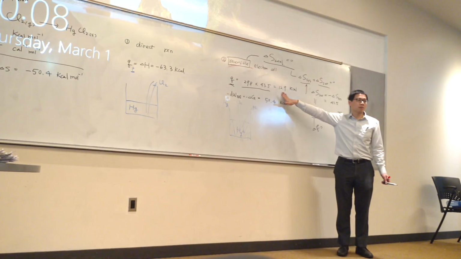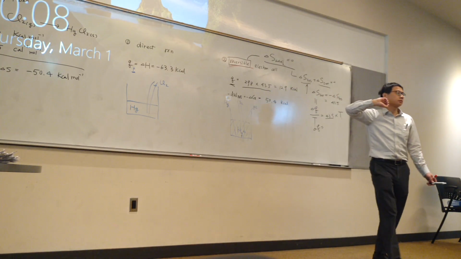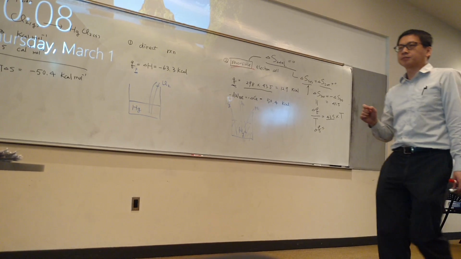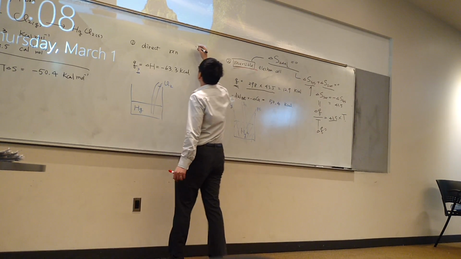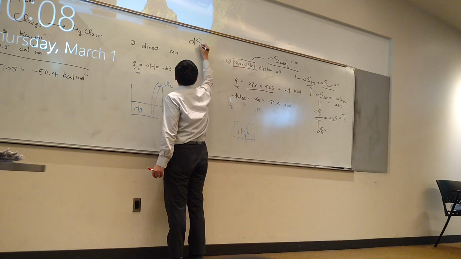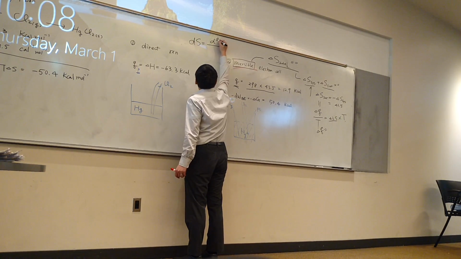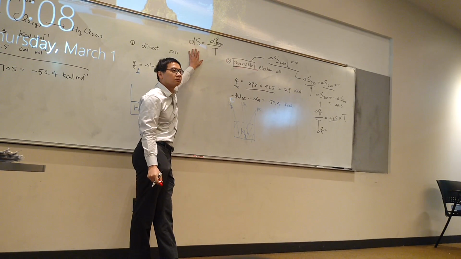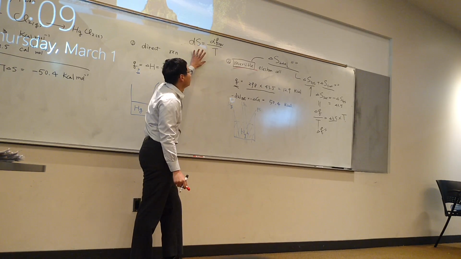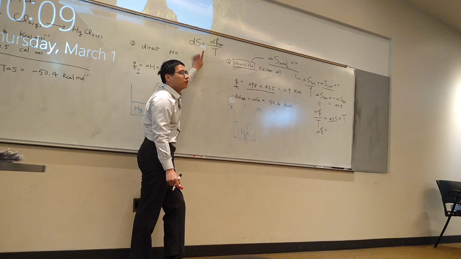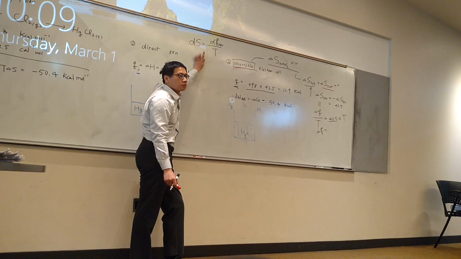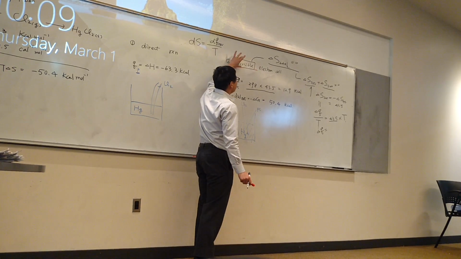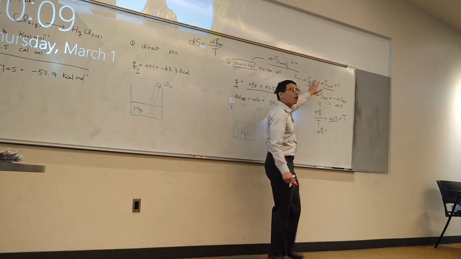for this reaction. Why don't we use the delta S system instead of delta S surrounding? This is the definition of entropy: dS equals dQ under a reversible process over T. If today is a reversible process, then these are all fine.